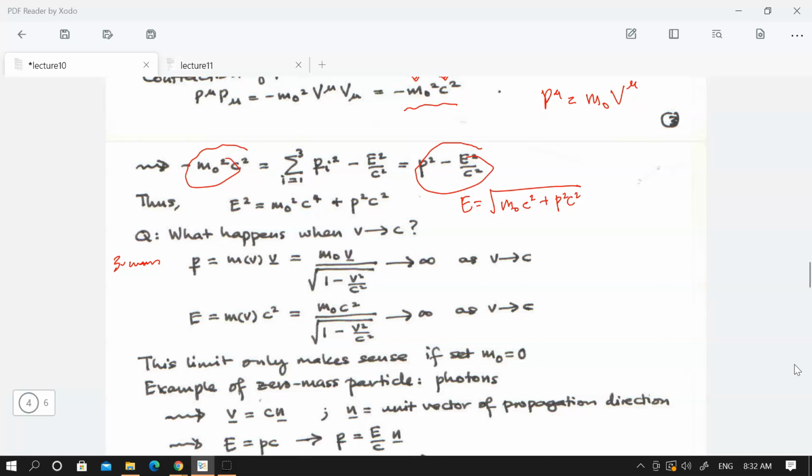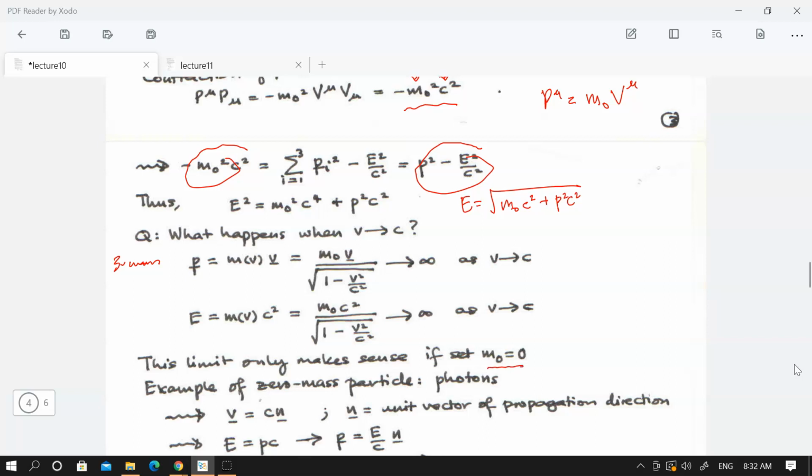So how can we make sense of this? If you have something that's moving close to the speed of light, these quantities become infinite. When quantities become infinite, we say that physically it doesn't make sense. Then the only way that this can be avoided is to set your rest mass equal to 0.